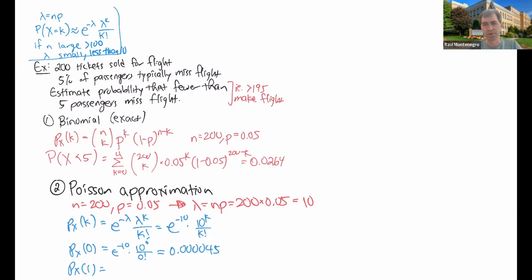Then I'll do the case with 1. This will be e to the minus 10, 10 to the 1 over 1 factorial. Oops, I typed e to the minus 1 in.